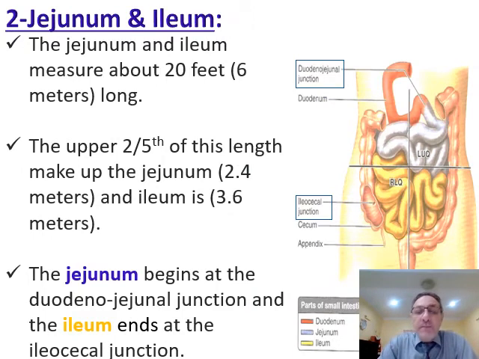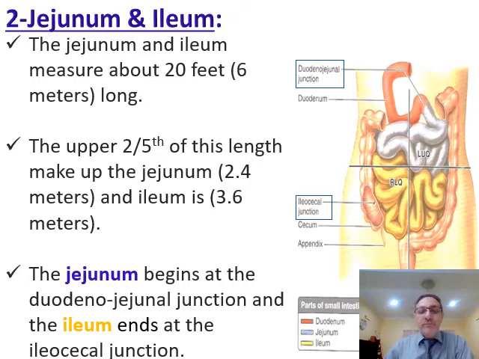Jejunum and ileum, both of them, are 20 feet, about 6 meters in length. The upper 2/5 of the small intestine forms the jejunum, which is about 2.4 meters and occupies mostly the upper left quadrant of the abdomen, while the ileum occupies the lower part of the abdomen and also the pelvis.